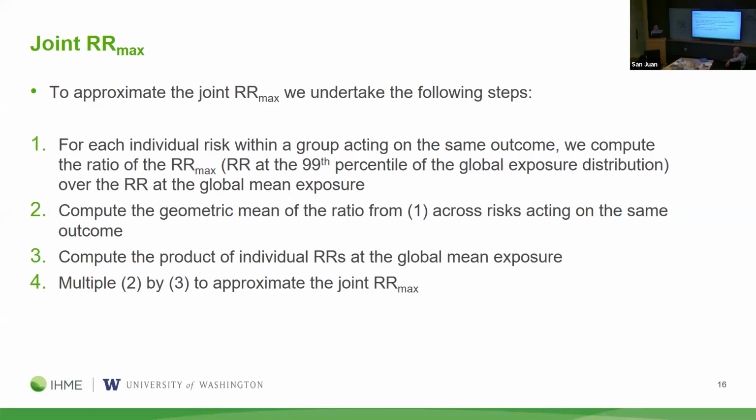First, for each individual risk, we look at the distance between the 99th percentile, so the maximum relative risk, and the relative risk at the global mean. We compute the ratio of those two quantities. We then compute the geometric mean across those ratios. Separately, we compute the product of the individual relative risks at the global mean exposure level, and then we just multiply the two together to approximate the joint maximum.